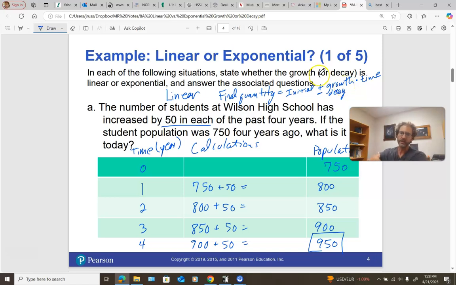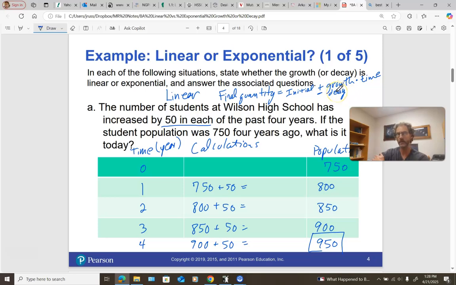So if you have a process that's growing linearly, then to find the final amount, you take whatever the initial amount is and you add to it the growth rate, so how much it's growing per year, times the number of years, and that'll equal the final quantity. Now, if it's a process of decay, you take the initial amount and you subtract the rate of decay.